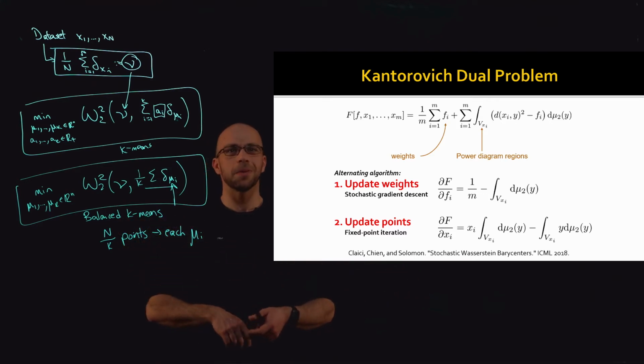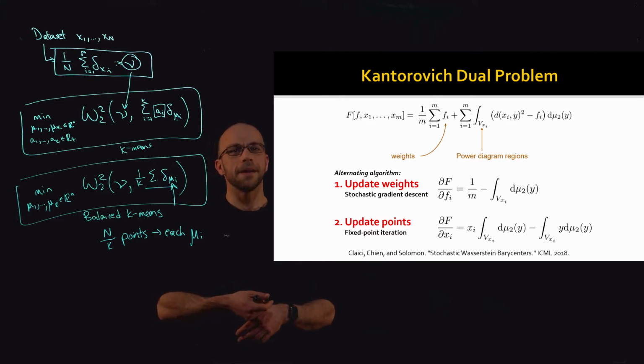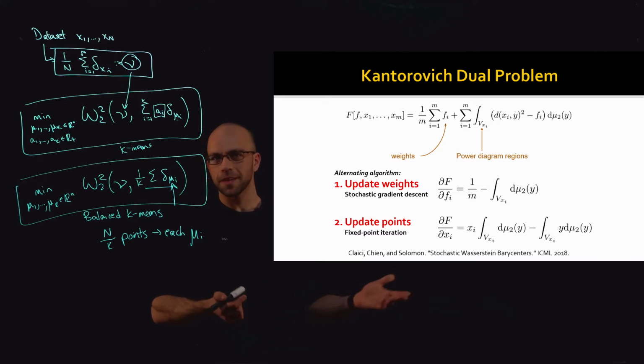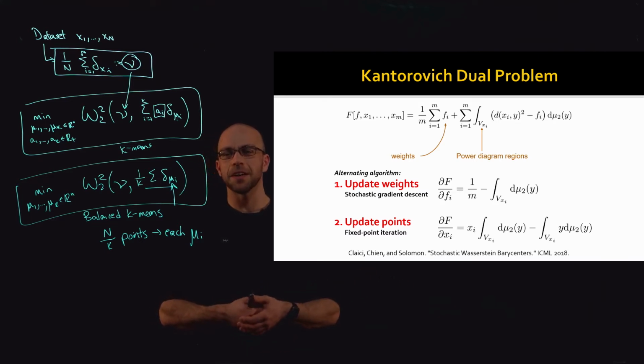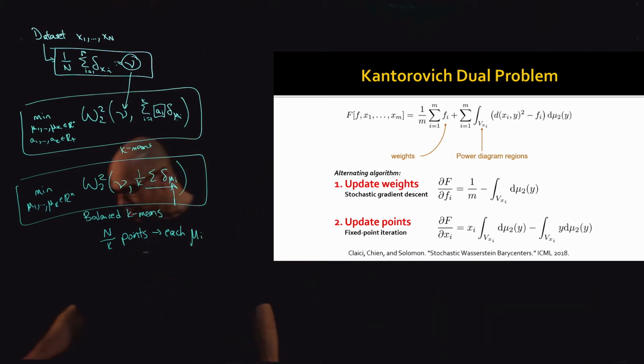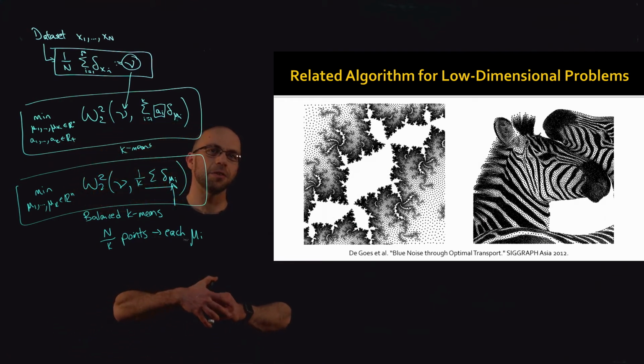That's kind of like our replacement for the assignment step in k-means. And then updating the cluster centers, which are just like before, basically the average data point inside of, in this case, the Laguerre cell.